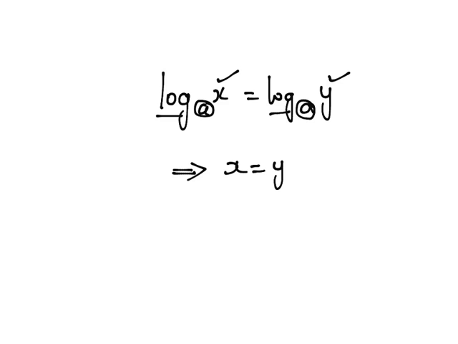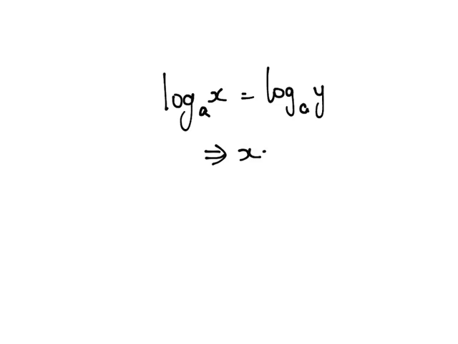And I told you please don't think that we are actually cancelling log and log, and don't write like this. This is completely incorrect. Don't cancel log. What I mean is, if the logarithm of x equals the logarithm of y, and both of them have the same base, then definitely x and y have to be equal.